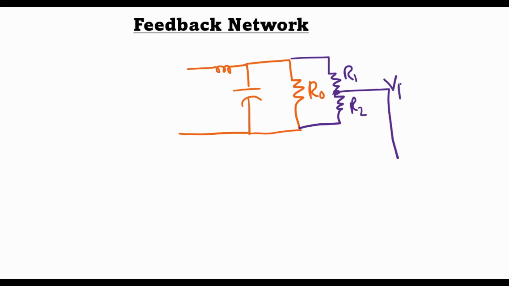Let's call this voltage VF, and the actual output signal as V0. So in this case, the reverse transmission factor beta is simply the voltage divider R2 over R1 plus R2. This beta always lies between 0 and 1.